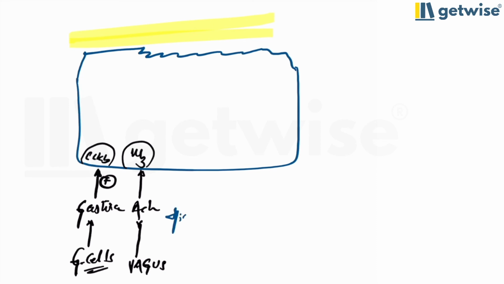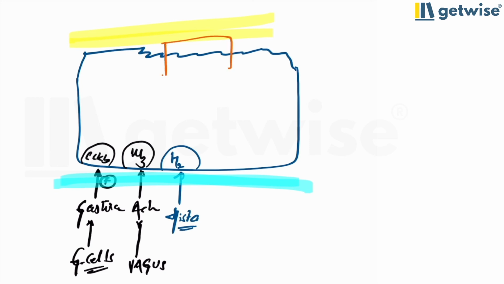This histamine will act on the H2 receptor that is present in the parietal cell. All three compounds will stimulate hydrogen potassium ATPase.